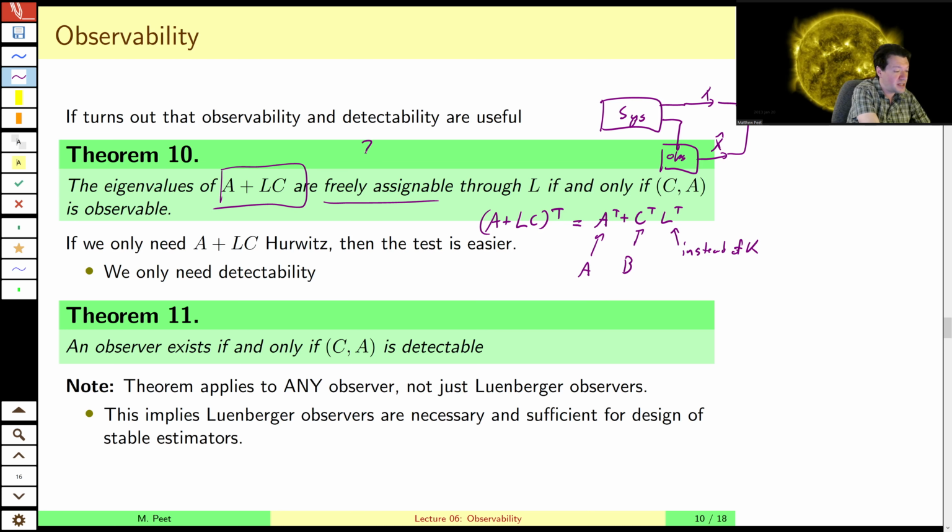We can assign them to any particular choice of eigenvalues if and only if the system is observable, just by leveraging our controllability result.